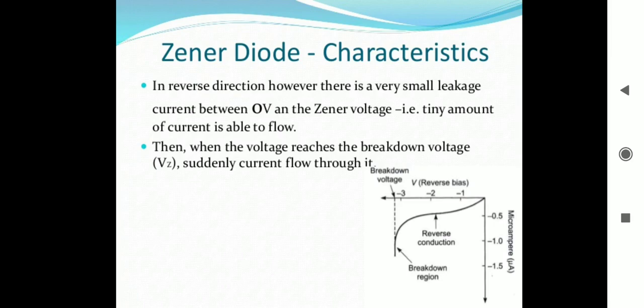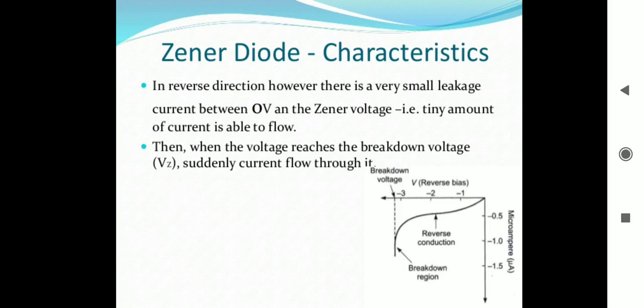So this is the overview of the Zener diode. Now some applications related with the Zener diode. The Zener diode, as we discussed, is mostly used in the market for voltage regulation.